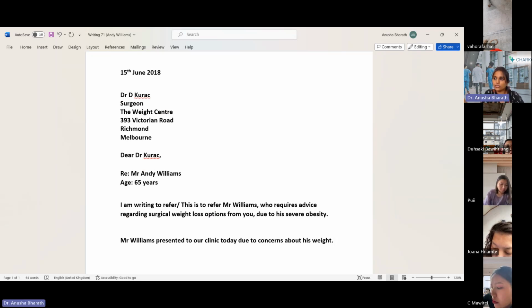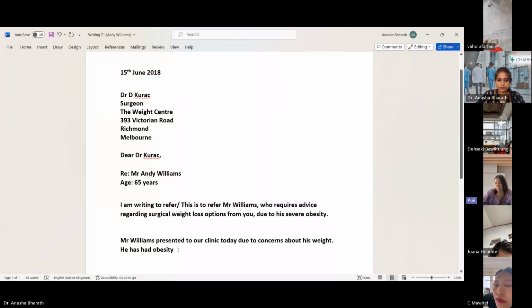What can we say? You can also say that he has been obese since childhood. You can say that, or you can also say he has had obesity since childhood.